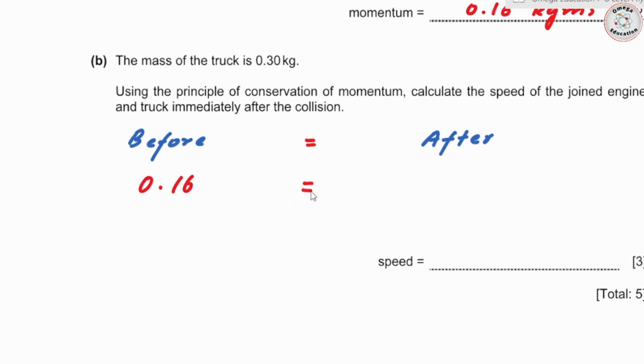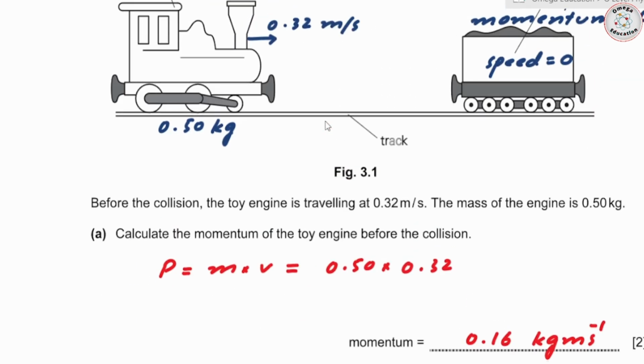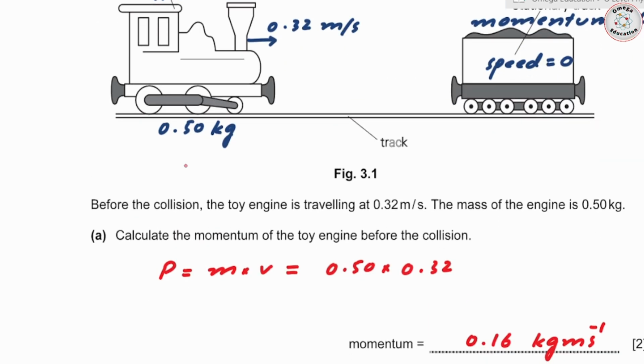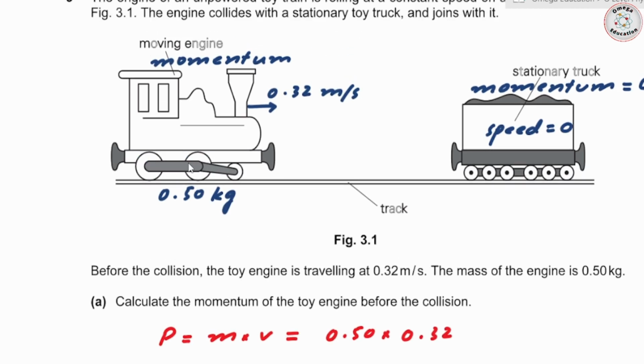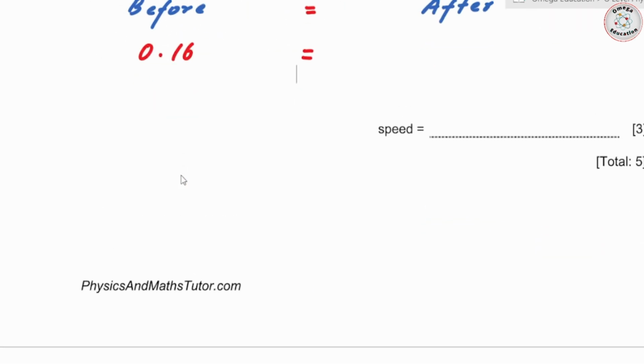But let's find out what should be the expression or the formula or the mathematical equation for the total momentum after collision. Well, the situation is your engine combines with the stationary truck. They behave as a single unit once they collide. So let's say, all right, it's just a block diagram.